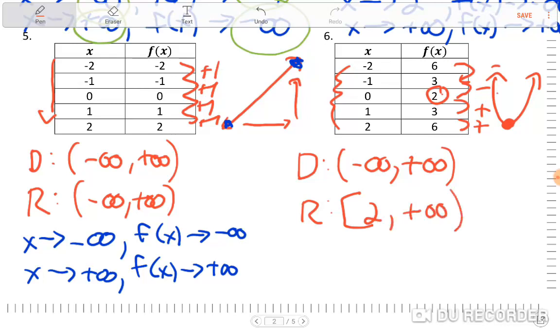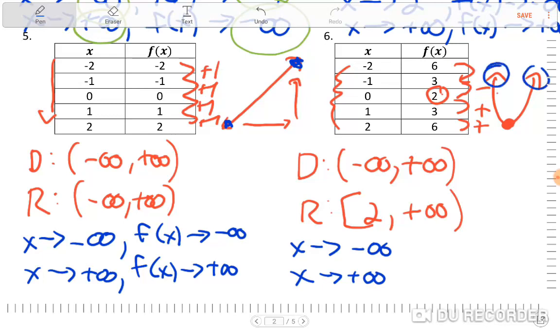For the end behavior, the one x went to negative infinity, one x went to positive infinity. No, I guess this one you wouldn't be able to get the end behavior from the range because of the fact that there was a turning point.